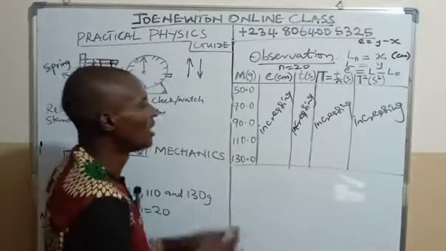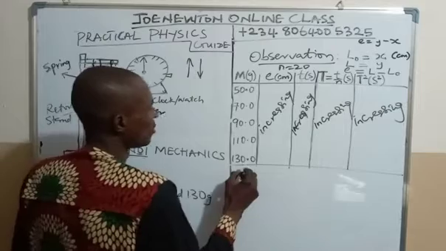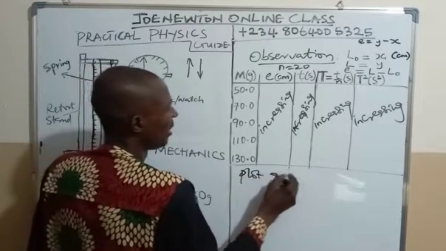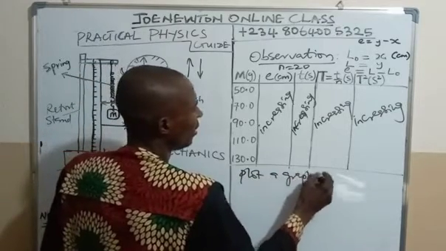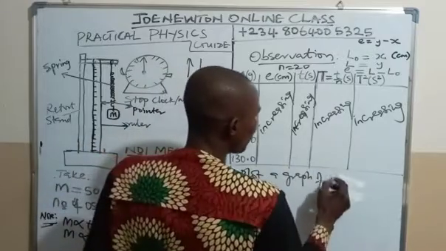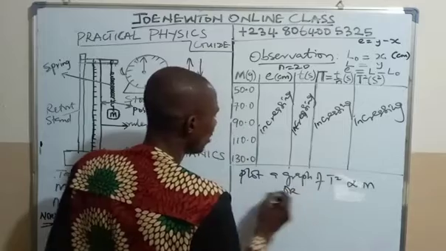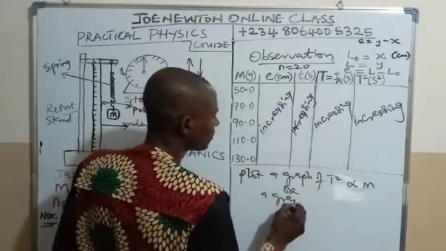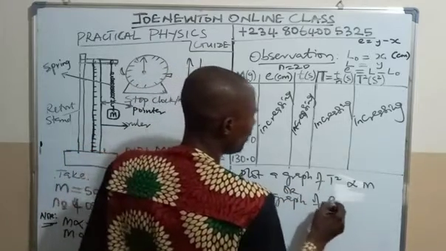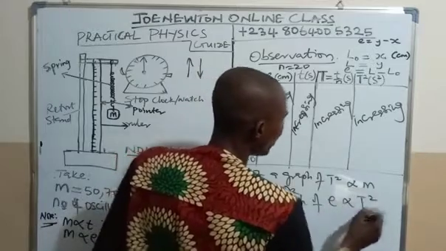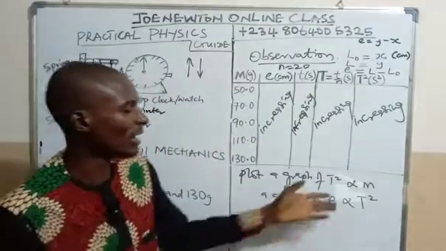So with this now, you might be asked to plot a graph of T square against m, or a graph of e against T square. So expect graphs like this for analysis.